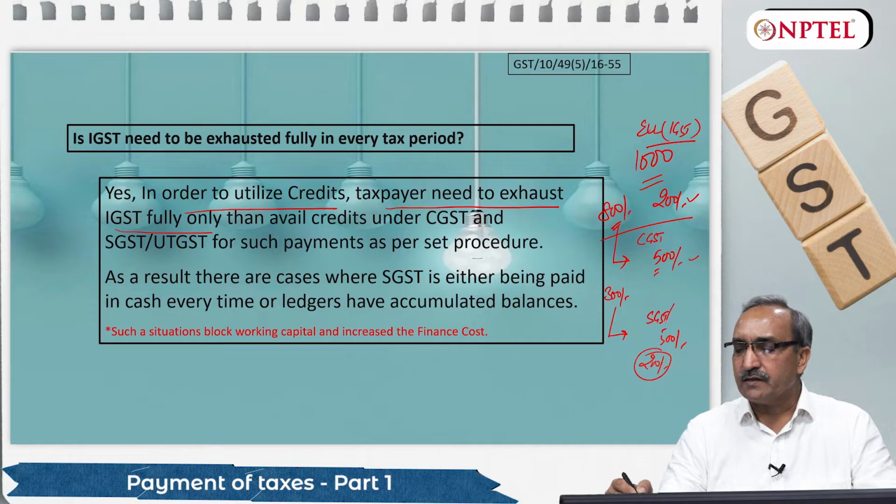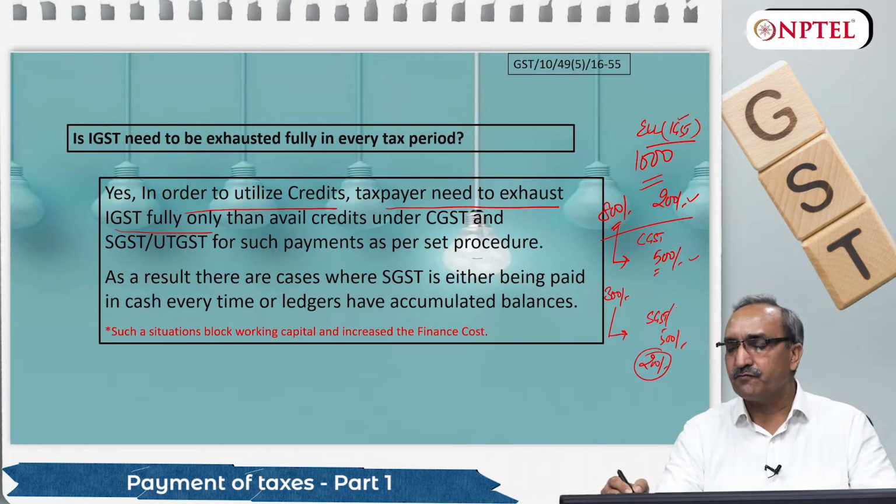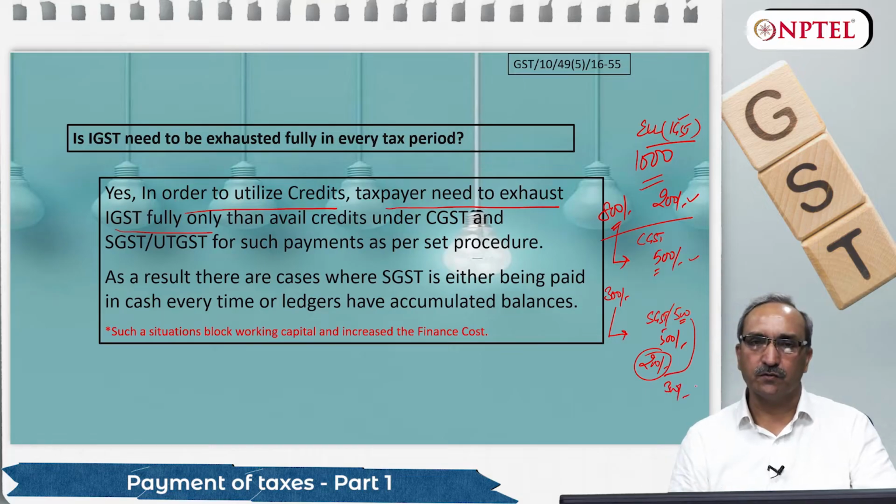So if in the state GST electronic credit ledger I have 500 rupees with me, I will pay this 200 rupees from this 500 rupees. So here the balance will be 300 rupees.